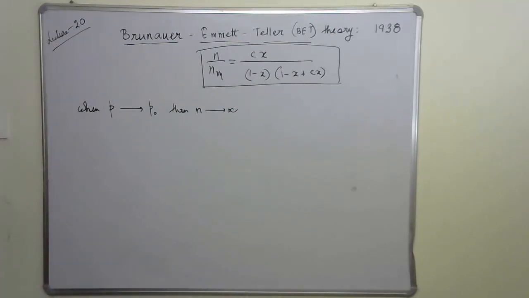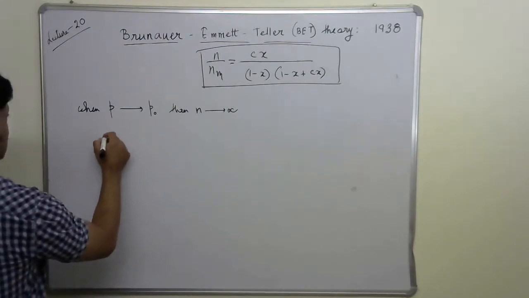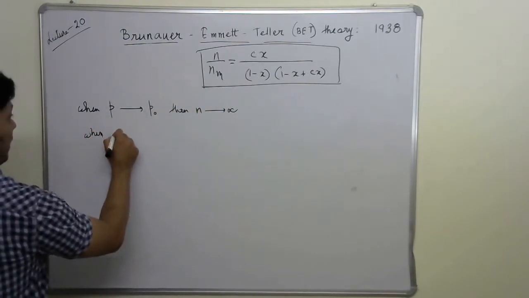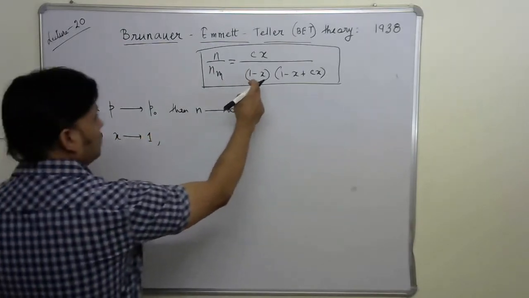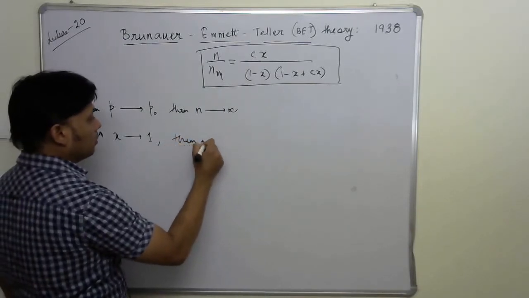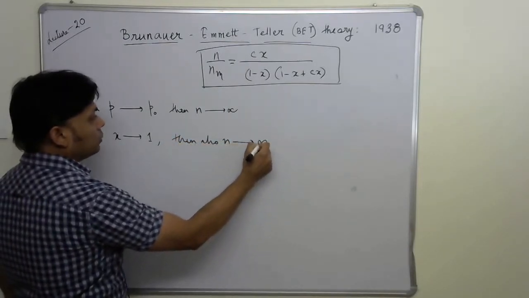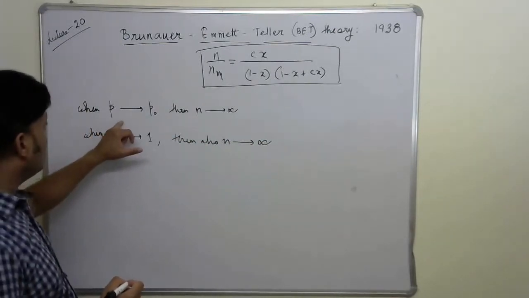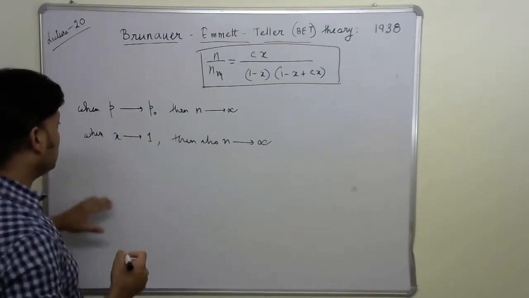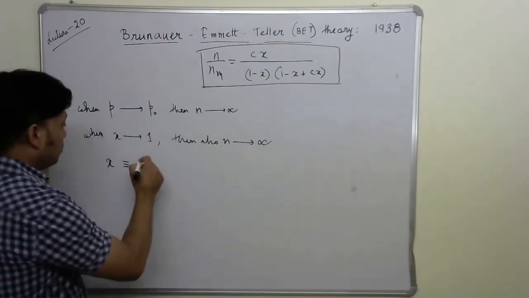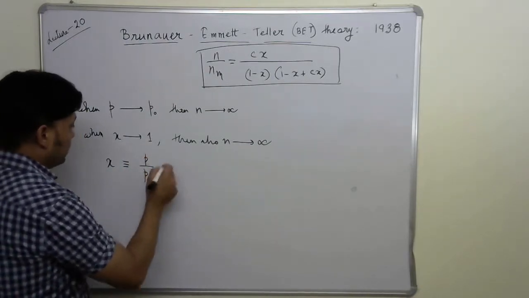Likewise, we can see here that when x tends to 1, if you replace x with 1, then also N tends to infinity. So that means when P is equal to P naught, this x can be equivalent to the quantity P over P naught, which is the relative partial pressure.